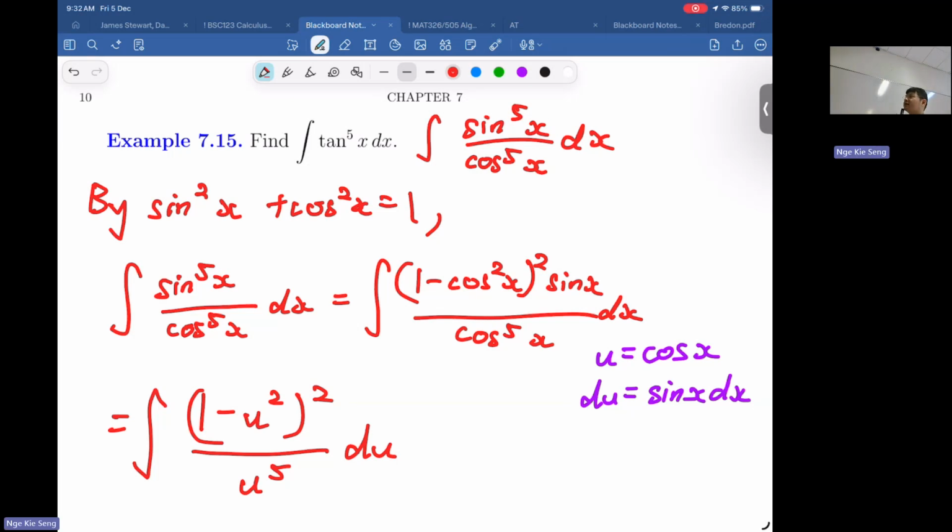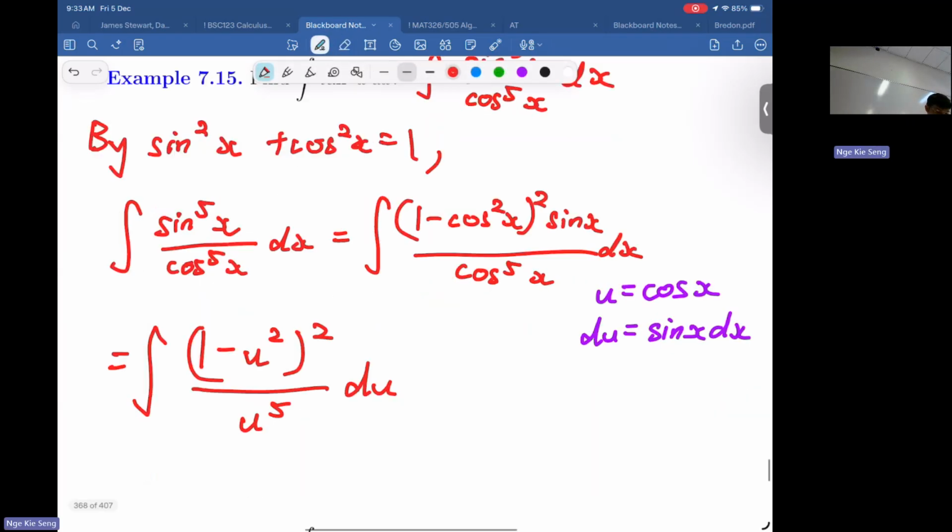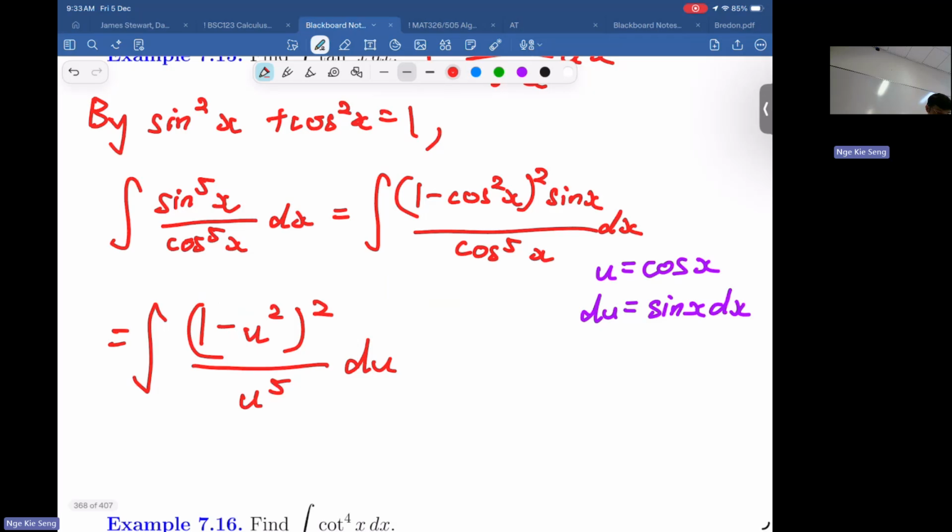If sine is not around, then substitution could be hard. Then what do you do next? These are just polynomials, right? So you just expand it.